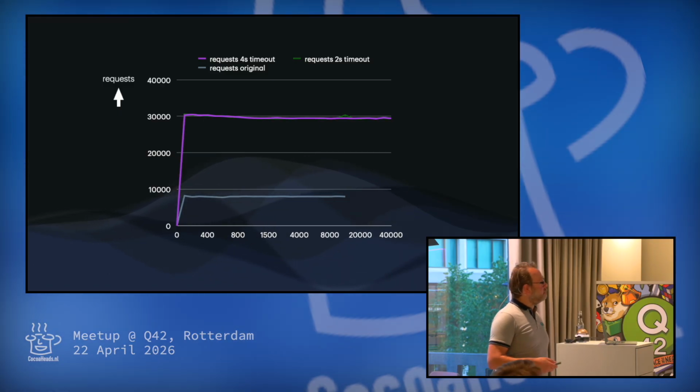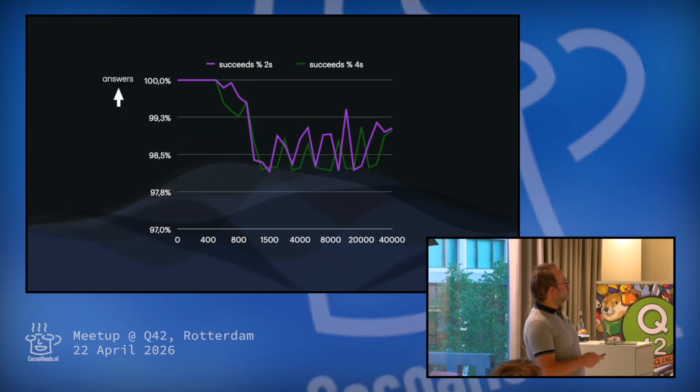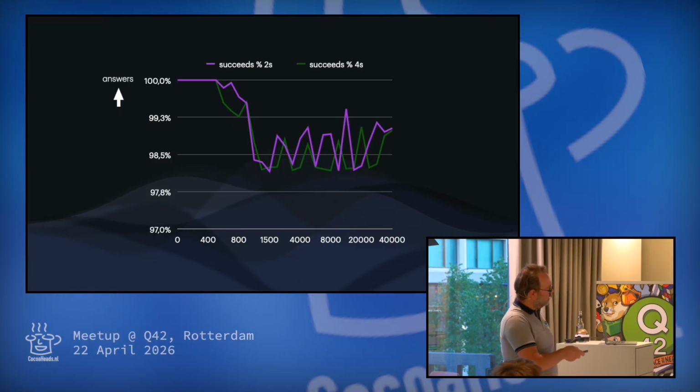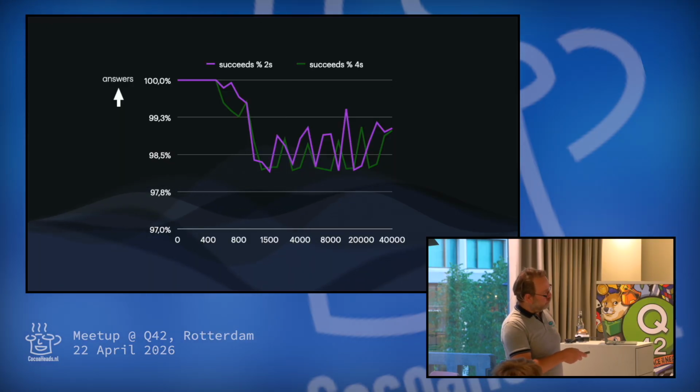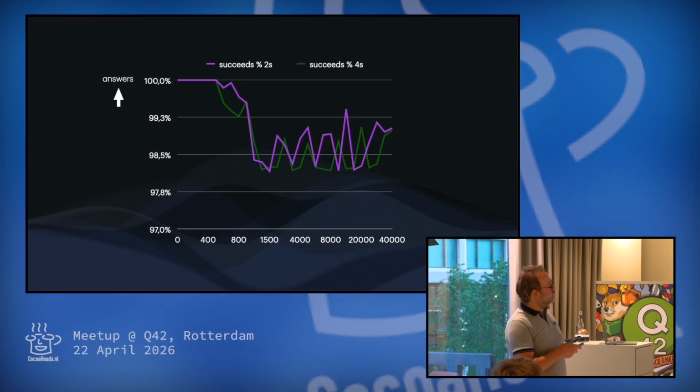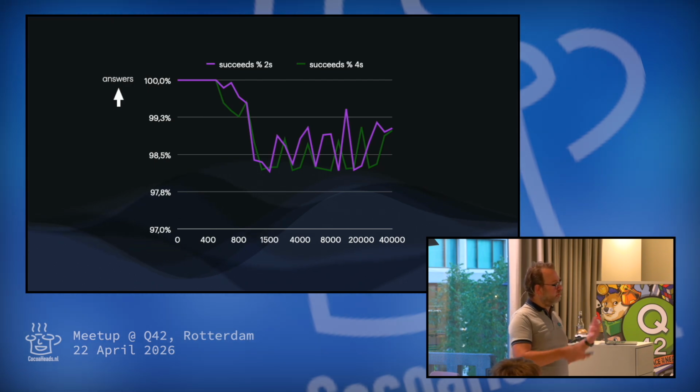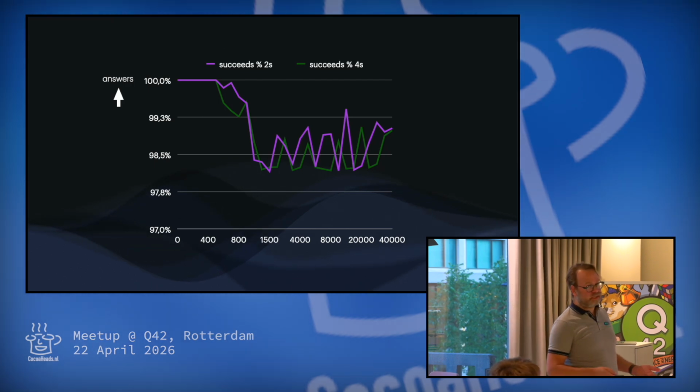So I was very happy. And you see here, I also log that it could handle it, but it still dropped packets, like 1.5% of the packets. But it showed it dropped them later, and there was not much difference if you wait for 2 seconds or wait for 4 seconds to decide if a packet was dropped or not.